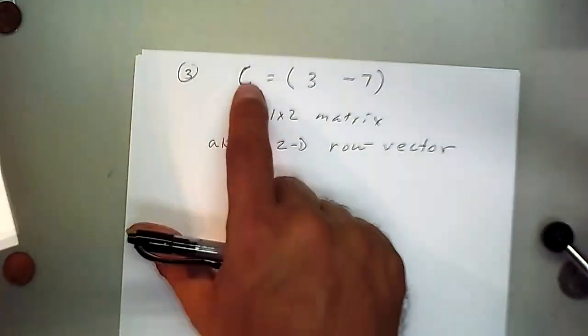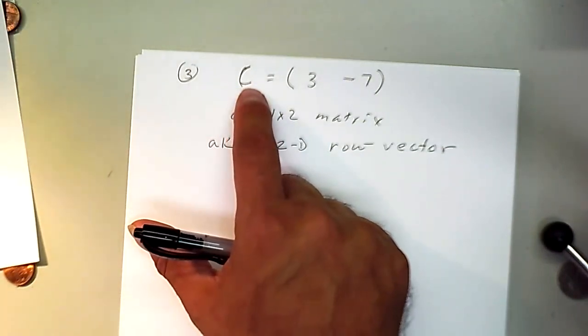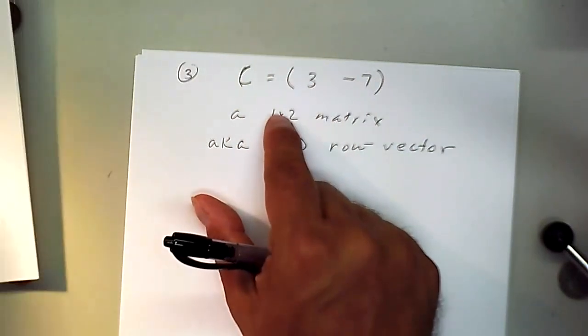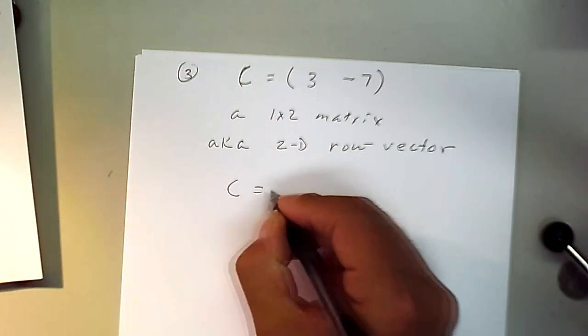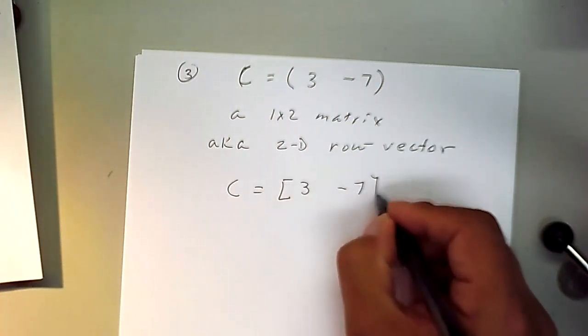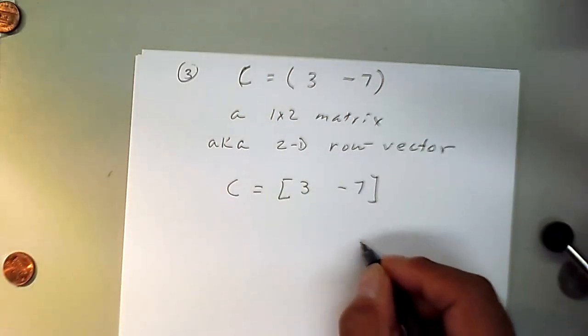We typically use capital letters to denote matrices. Some people use round parentheses. Some people use square parentheses. So if we write C as 3 -7, I don't think there is any difference.